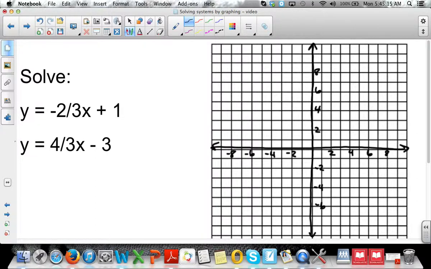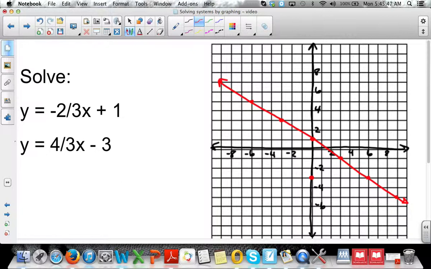Remember how to graph. I'm going to go up to the 1, and then my negative 2/3 slope means go up 2 over 3 to the left. Then my other line goes through -3 on the y-axis.